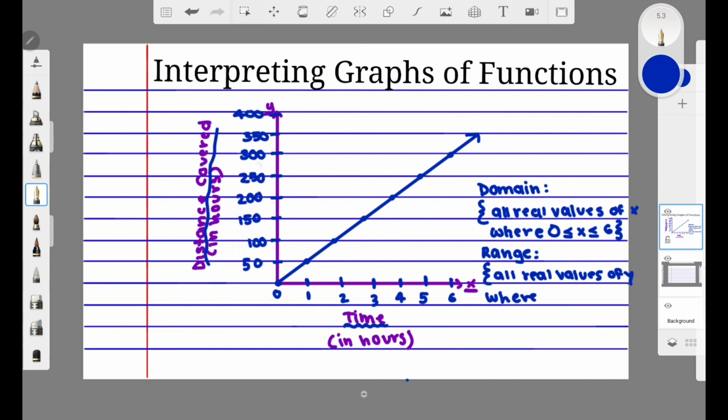And if we're given the range values, we can write a set, all real values of y, where y is greater than or equal to 0 again, and less than or equal to our largest value here, which is 300.